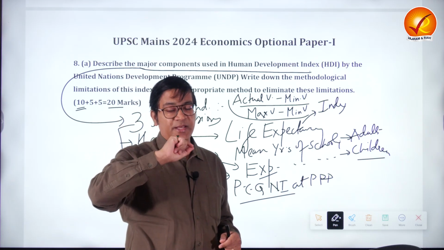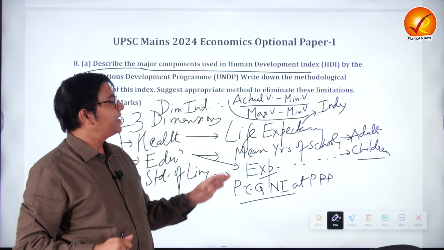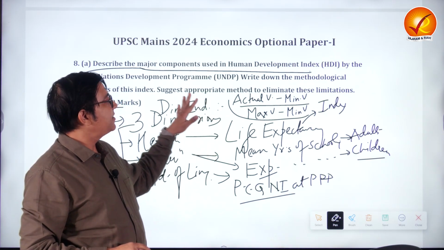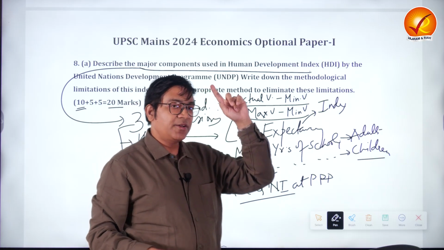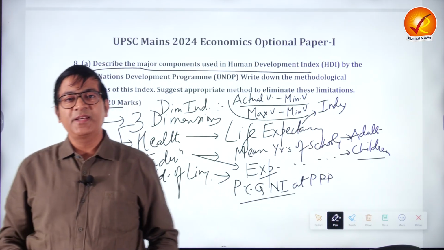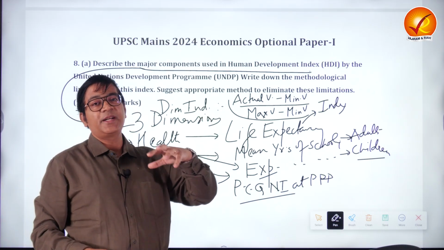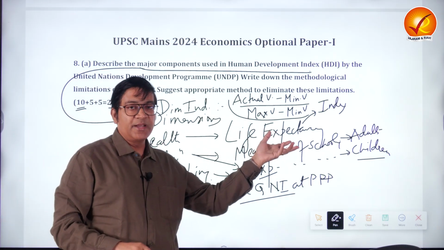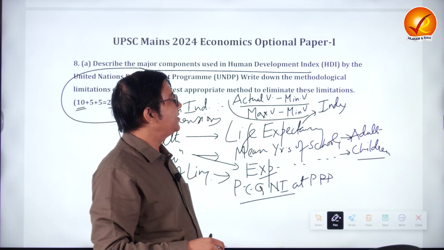Technical notes should be there with you, because in them they discuss the method of each index. One question on the methodology of such an index comes almost every year in the exam, sometimes on the gender development index, sometimes on the human development index. So be ready for that. You should have those technical notes.